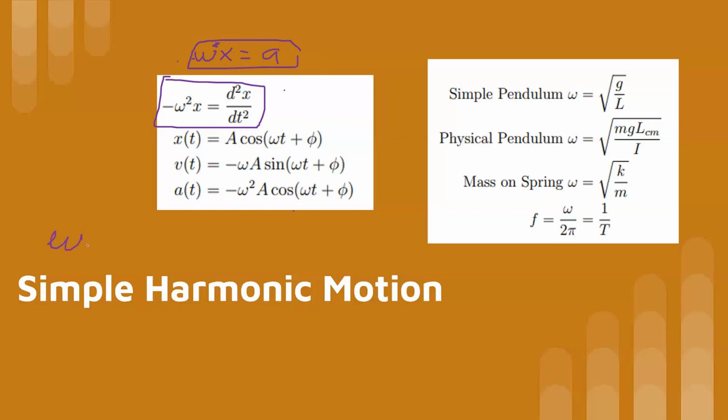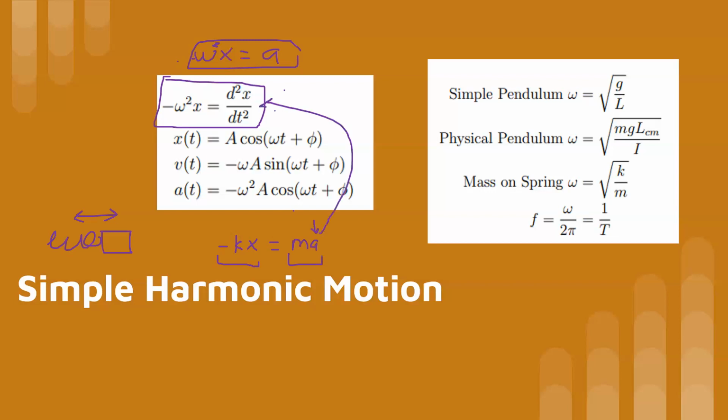So if we have a mass on a spring like this, and it's oscillating back and forth, if I were to write Newton's second law for that spring, I would get negative kx is equal to mass times acceleration, right? Because this is the force exerted on the block by the spring, and this is just Newton's second law, mass times acceleration, right? And with that, this is the second derivative with respect to time.